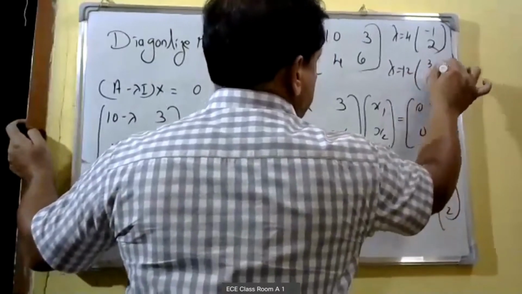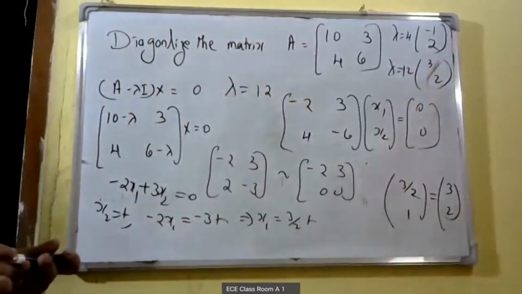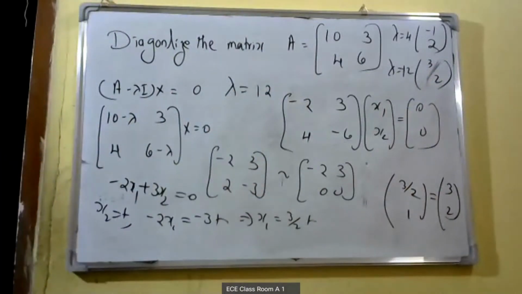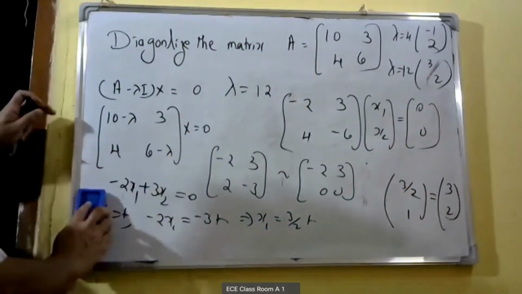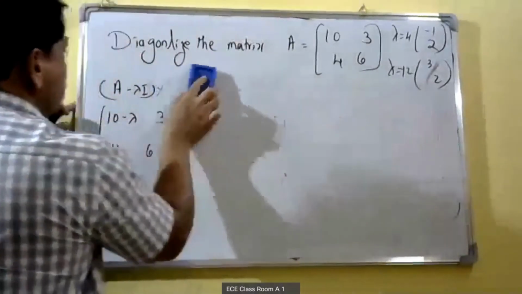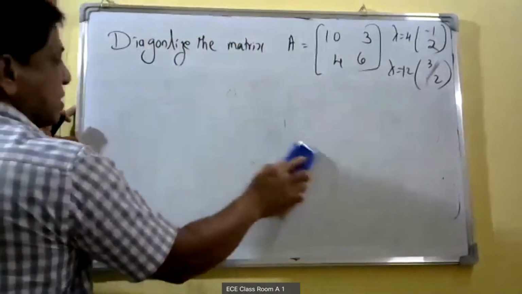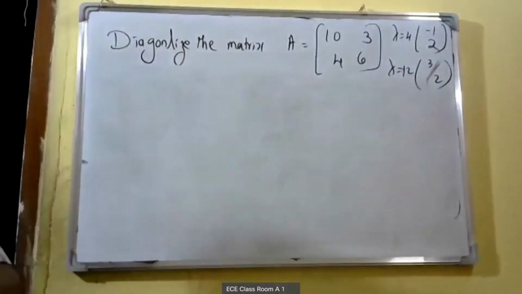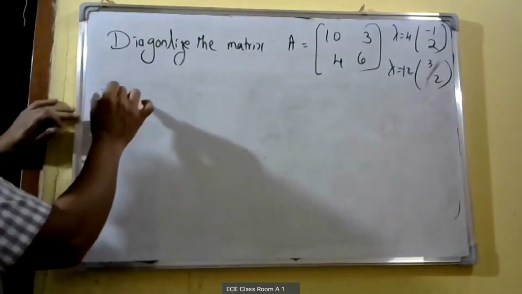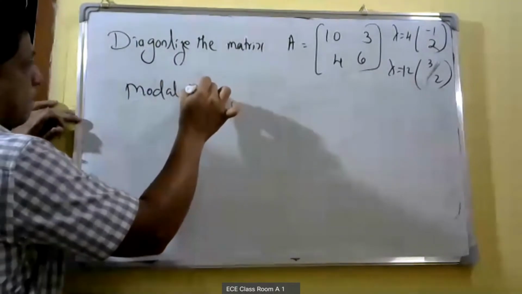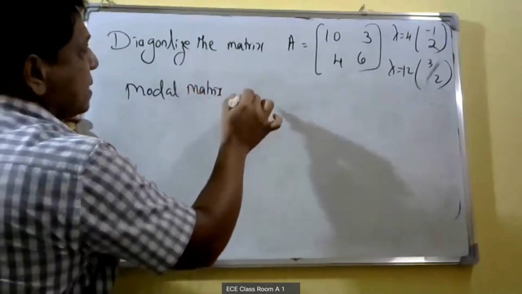Therefore, we get the two eigenvectors: the first eigenvector is [minus 1, 2] and the second eigenvector is [3, 2]. First, we find the eigenvalues. Based on the eigenvalues, we find the eigenvectors. Then we write the model matrix. The model matrix X is obtained by writing these eigenvectors as columns.